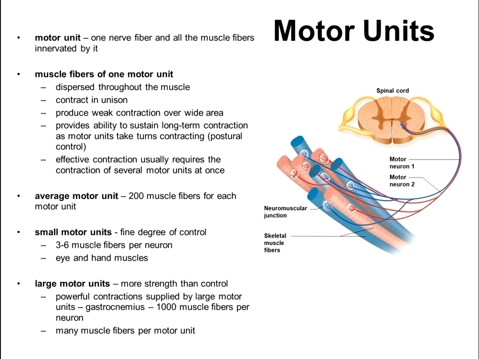There are also large motor units, and these have more strength than control. They are powerful contractions supplied by large motor units, such as the gastrocnemius, which is in your calf. And here we find about 1,000 muscle fibers per neuron. So there are many muscle fibers per motor unit.